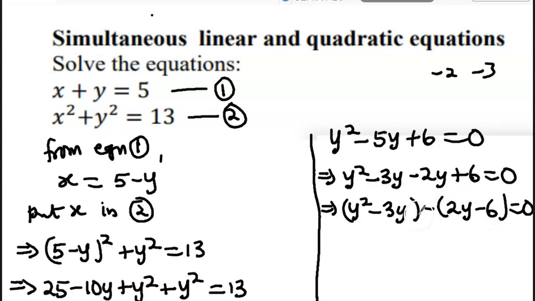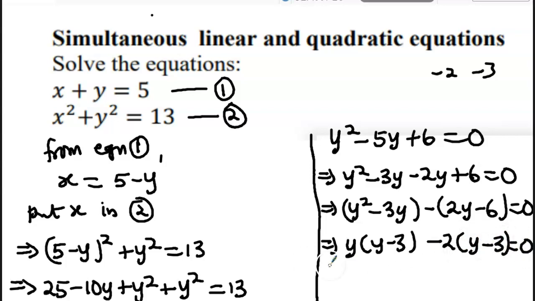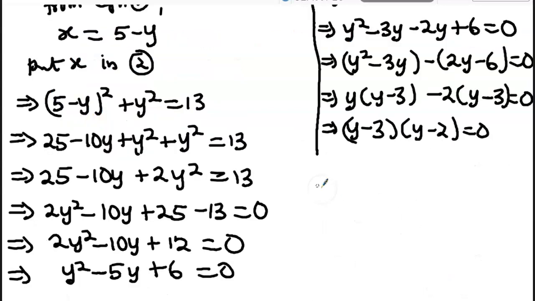When you bring the negative out, the sign must be negative so that when you expand, you still get the original expression. So we have y(y minus 3) minus 2(y minus 3) is equal to 0. So we have (y minus 3)(y minus 2) is equal to 0.